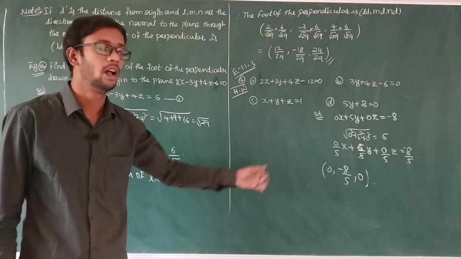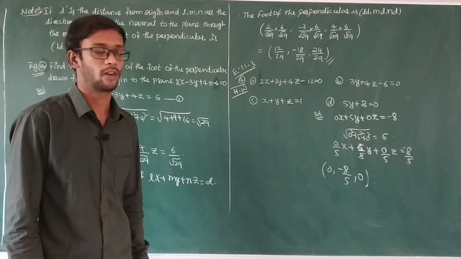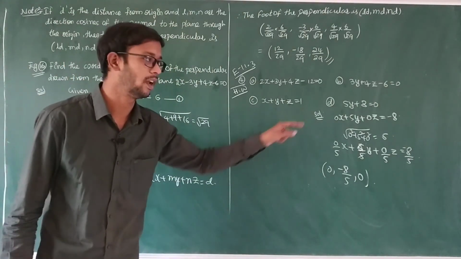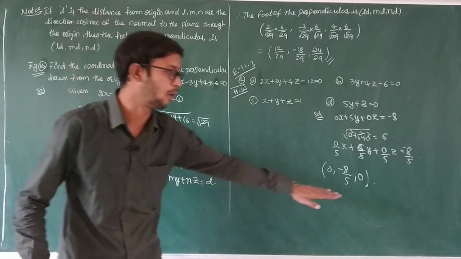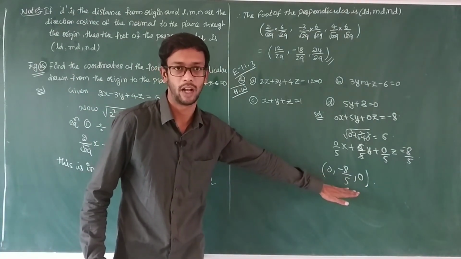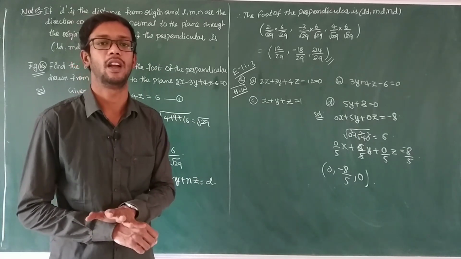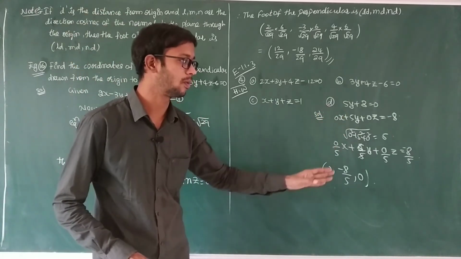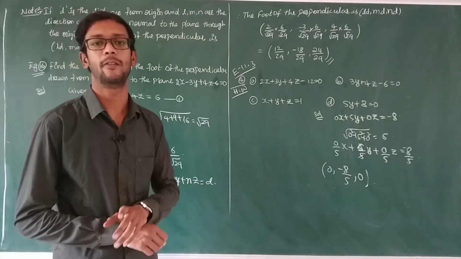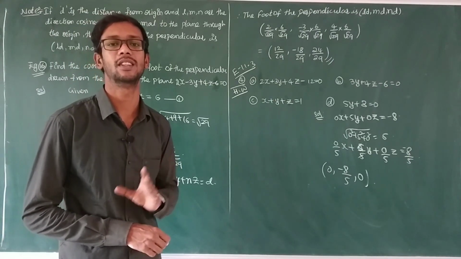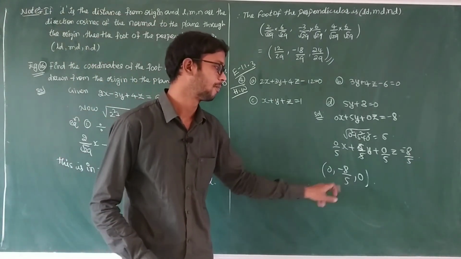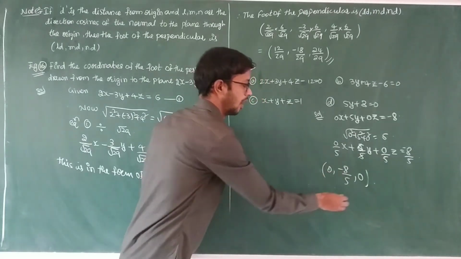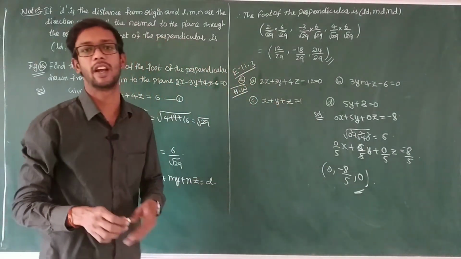So this is the foot of the perpendicular from the origin to the plane 5y plus 8 equals 0. When a point is asked you can take negative, but when distance is asked, for example how much is this distance, we have to tell only 8 by 5. Just tell the distance is 8 by 5. But for the point you can take negative also. So the remaining 3 problems take as homework.